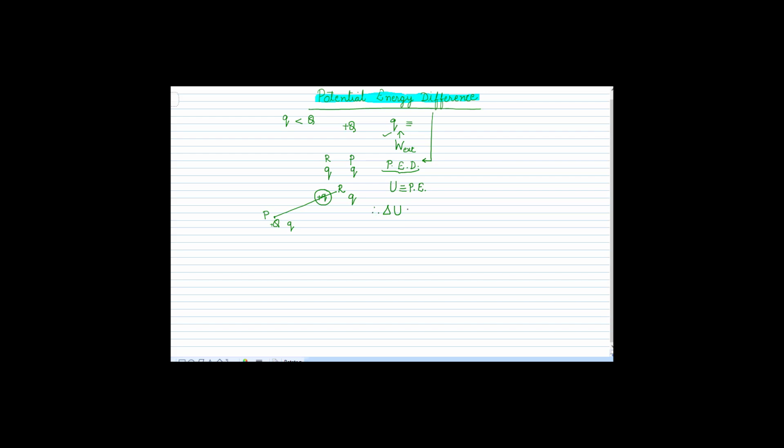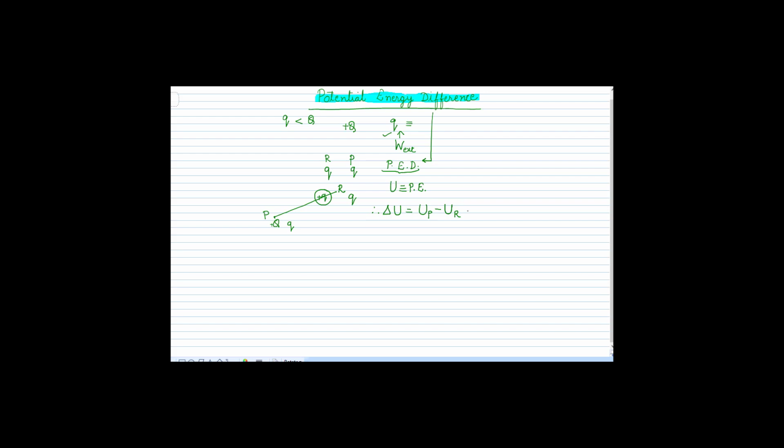So the difference in potential energy is equal to the electrostatic potential energy at point P, minus electrostatic potential energy at point R. So if we take the difference of potential energy at the final point and initial point, then we get the potential energy difference. And what will be the difference equal to?